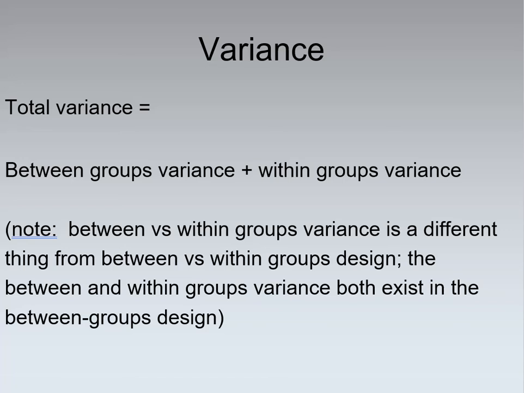We have between group variance, so how much each group is different from the others, how far apart they are, and within group variance. It is important to realize that group design and group variance are different things. Group design tells you what type of analysis should be run. Group variance tells you where the variance is coming from.